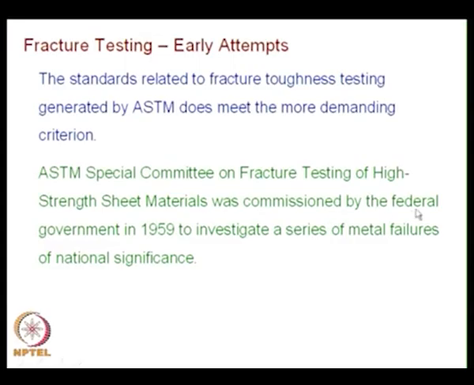It was commissioned by the federal government, that is the government in USA, in 1959, to investigate a series of metal failures of national significance. So, the idea is to find out the cause and mitigate, whether they could prevent such failures. So, you need to have a standard and adhere to the standard in all the practices.